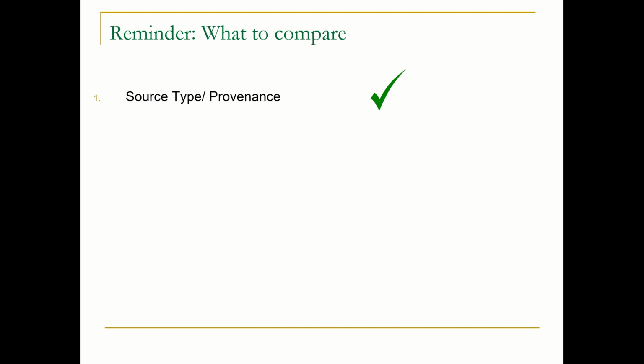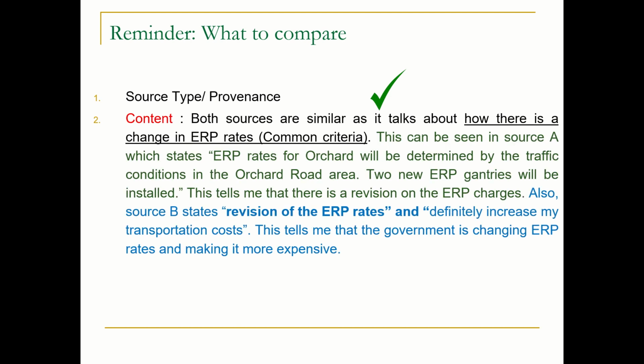So now I want to write it out in a paragraph, right? So both sources are similar as they talk about how there is a change in ERP rates. That is my common criteria. After that, I quote evidence from source A. Then I explain what source A is talking about to show how it supports the common criteria. Also, that is my connecting word.